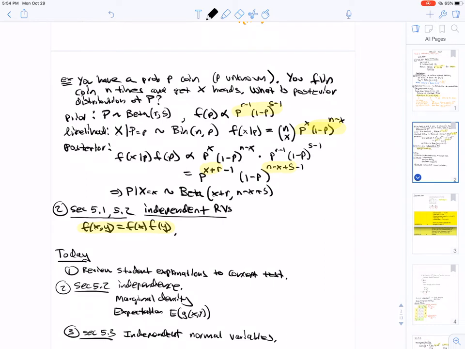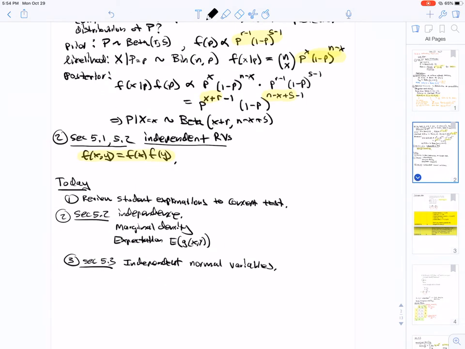This is mainly how betas are commonly used in statistics. We say that beta and the binomial belong to the same conjugate family, just meaning that they're compatible. The likelihood, binomial, fits nicely with a prior, which is beta, to give you a posterior, which is beta.